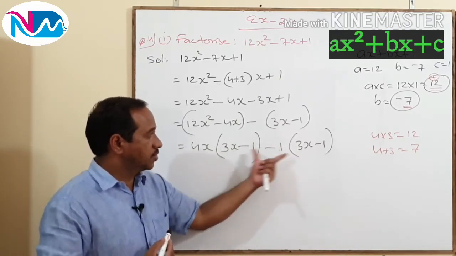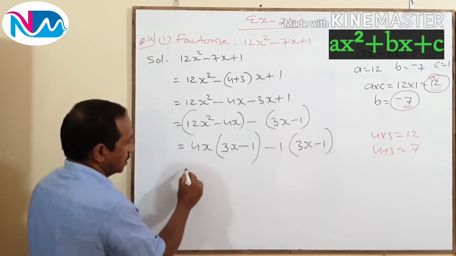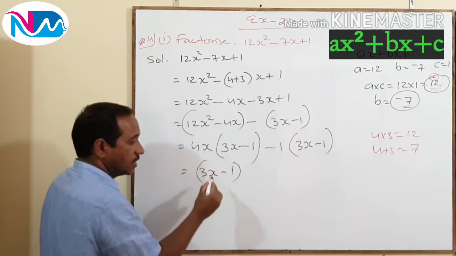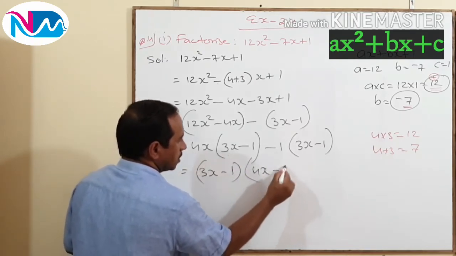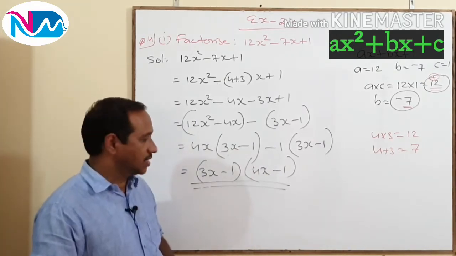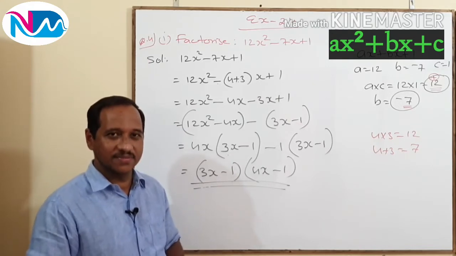In this step we can see now we have two terms with 3x minus 1 as a common term, and here 4x minus 1 will be left. So here the factors are 3x minus 1 and 4x minus 1.